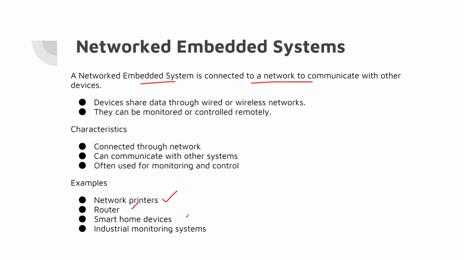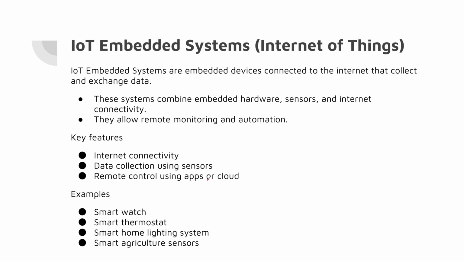The main characteristic of a network embedded system is that it has to connect with the network and communicate with the other device. It is often used for monitoring and controlling purposes only. CCTV monitoring also comes into the network embedded system.